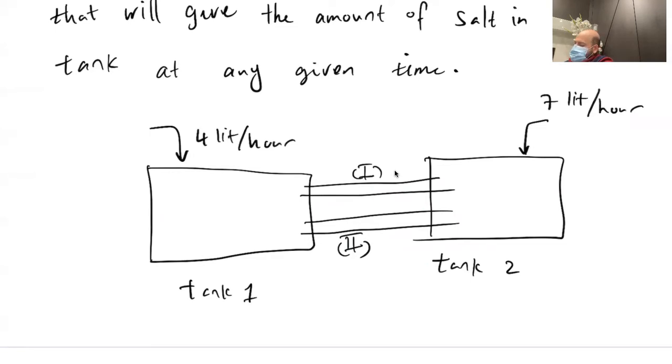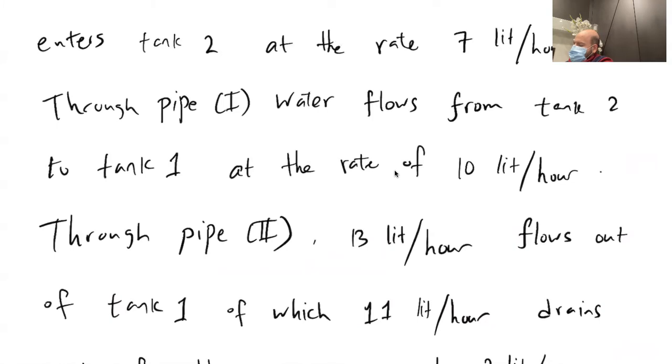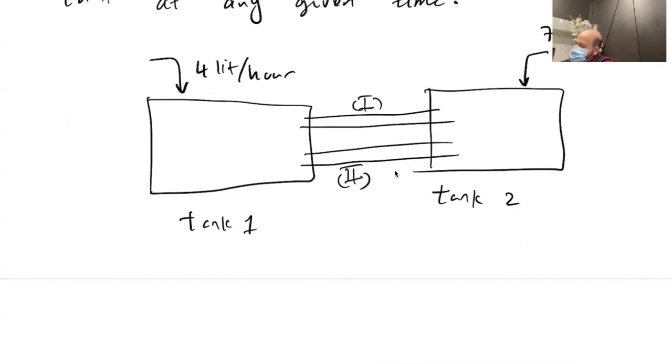Now in pipe 1, there was water going from tank 2 to tank 1 at the rate of 10 liters per hour. From tank 1 to tank 2 in pipe 2, it said that 13 liters per hour goes out of tank 1 through pipe 2.